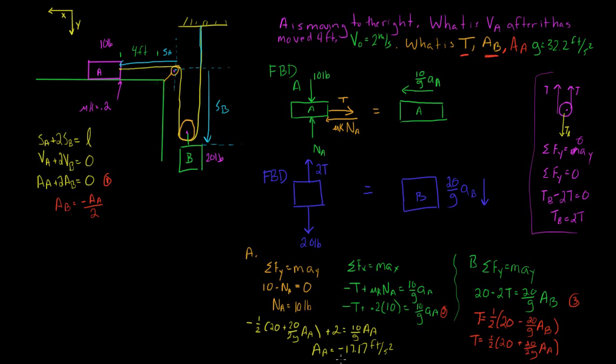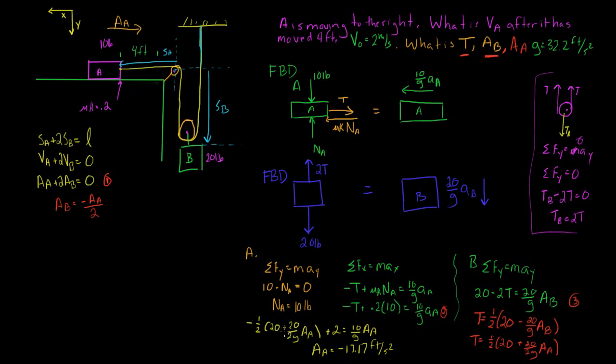And what does this mean? This minus sign means that our assumption about the acceleration of A was wrong, and the acceleration of A is actually to the right. It is moving towards the right, not to the left as we had initially guessed. But that's okay.